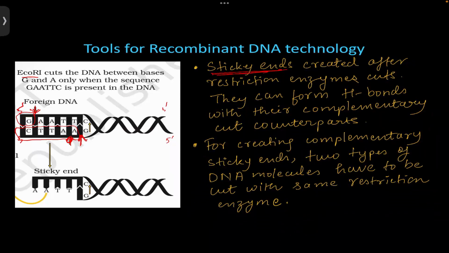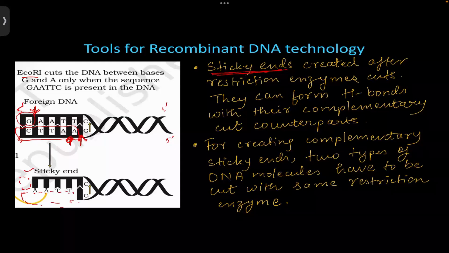It is AATTC, and here G will be there. So this is your sticky end, because the sections that were here and here are removed by the EcoR1 enzyme, leaving behind this kind of a sticky end.